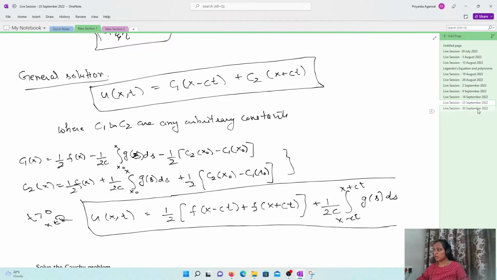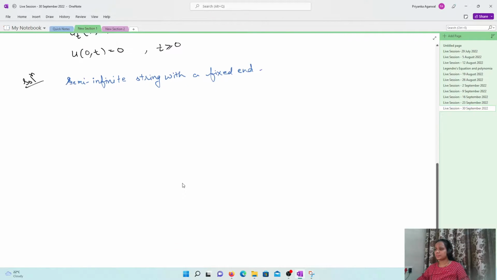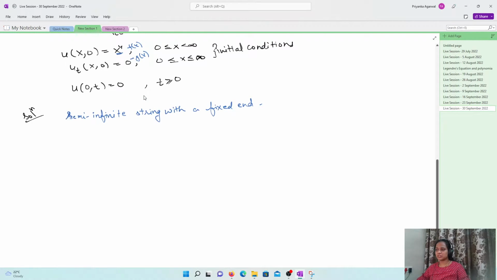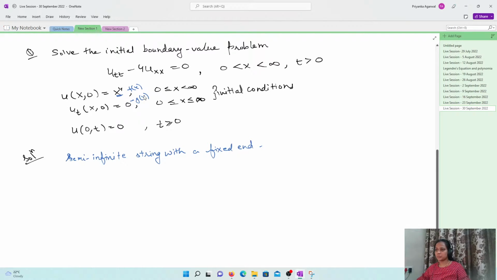Now coming to this, since we know that this is a semi-infinite string with a fixed end kind of problem, we can solve this problem again using D'Alembert's formula.